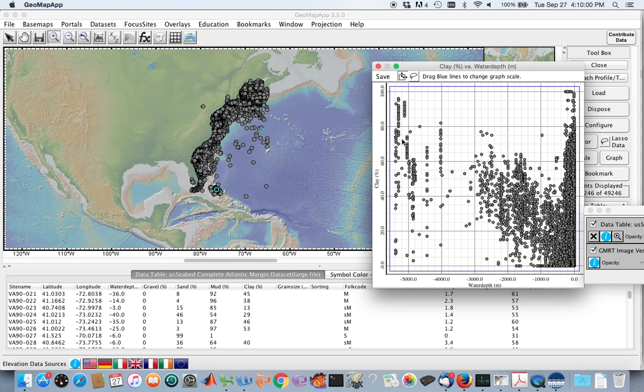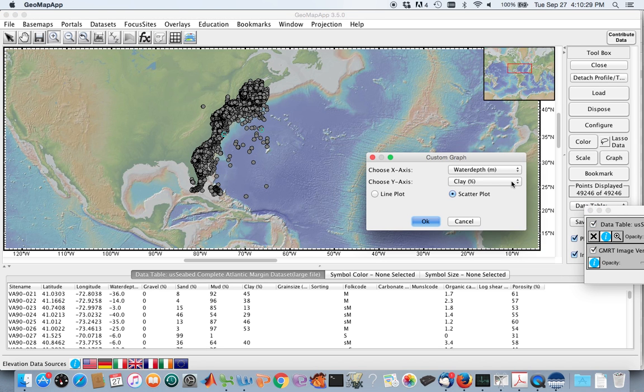So there's clearly a sorting here, right? Larger sediments like gravel and sand are preferentially deposited closer to the coastline, where smaller sediment particles like clay and mud are deposited further from the coastline. This is because, once again, the smaller particles have a smaller settling velocity, so they're able to be transported further from land before they are deposited.